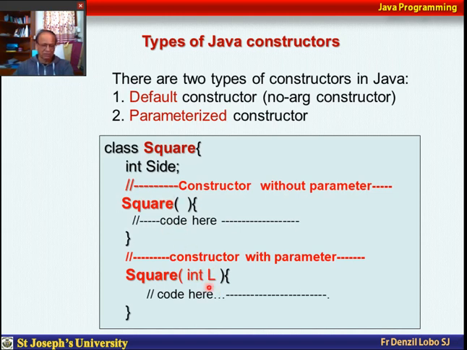So here nothing, here int L, the length of the side. So this is how we can create constructors without a parameter and constructors with a parameter. One or two or more parameters could be there depending on the number of variables we are going to declare, either as private variables or public variables. So this is how we create constructors.